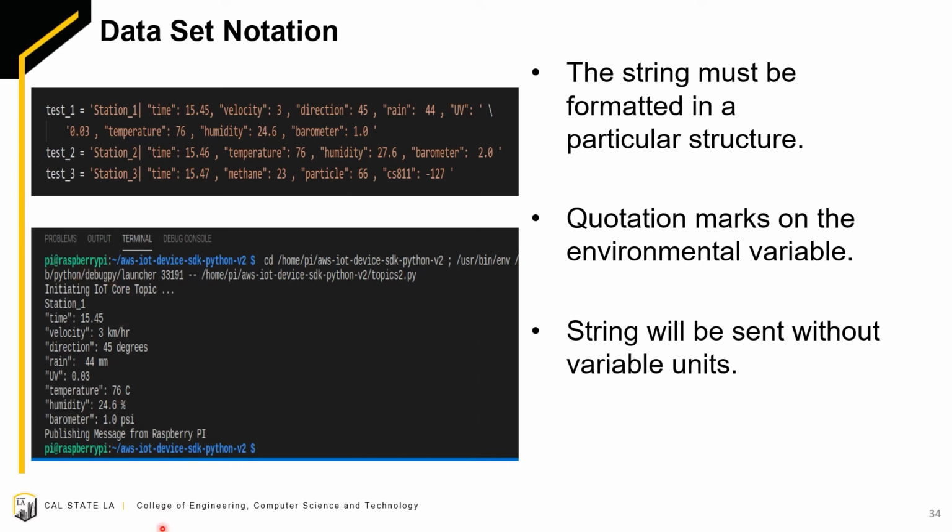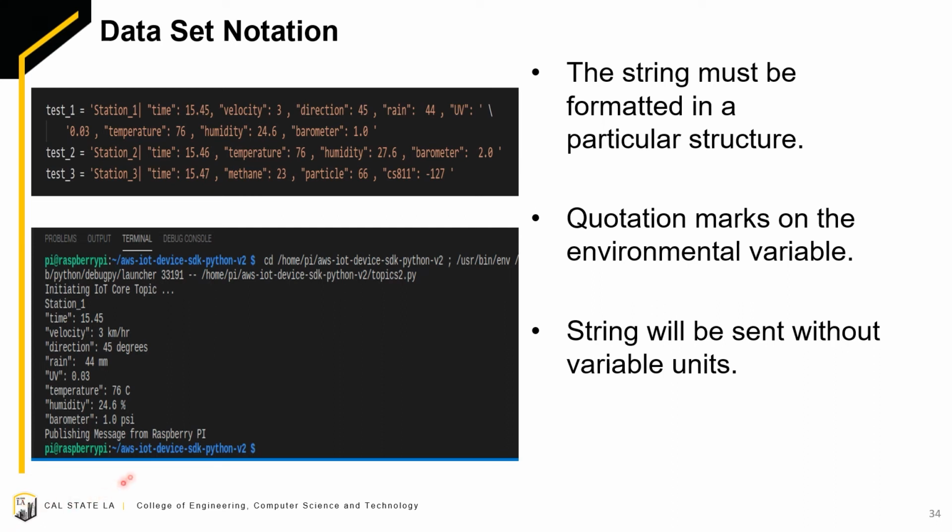But when storing it in DynamoDB as a data set, we will just send the actual data, the actual number. Since we could only send numerical values, for the time we decided to go with military time. In this case, you can see it's 15.45, which stands for 3:45 p.m.